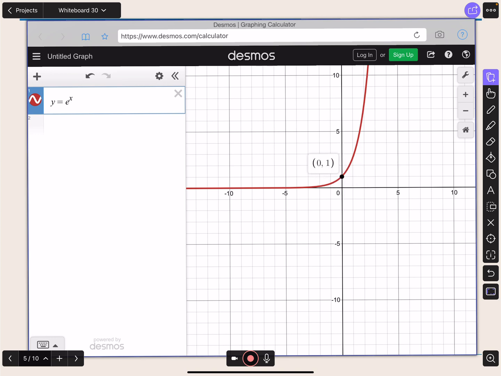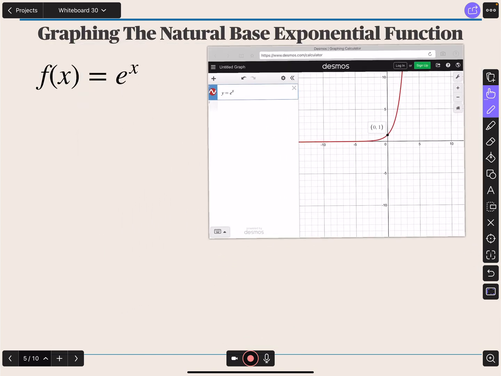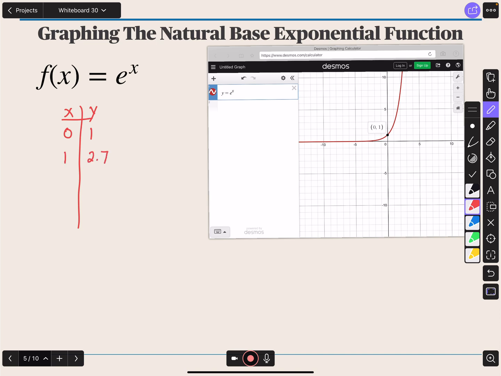So if I was going to graph this thing by hand, I know when x is 0, it went through 1. And when x is 1, it went through 2.7. Now, this shouldn't be a surprise because this is e to the x that we're doing, so it's e to the first power, which is about 2.72.